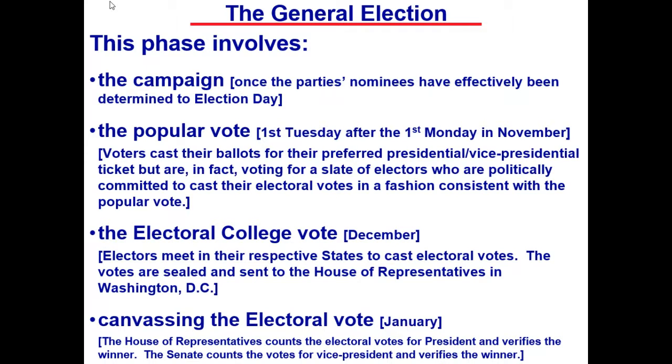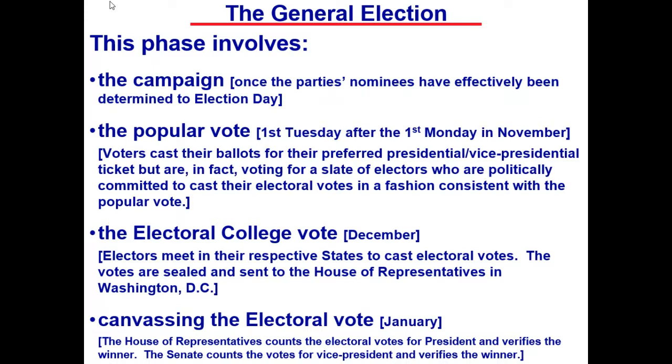So I used to say after the national conventions, but now we find that the presumptive nominees are taking shots at their Republican opponent or their Democratic opponent even before the national conventions, maybe as early as March or April.